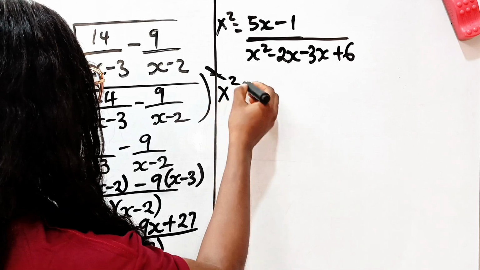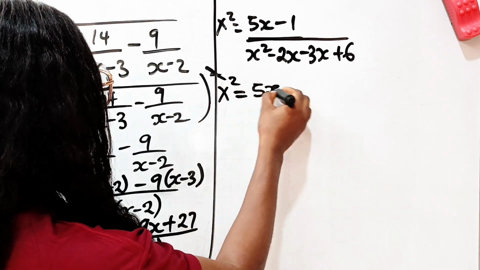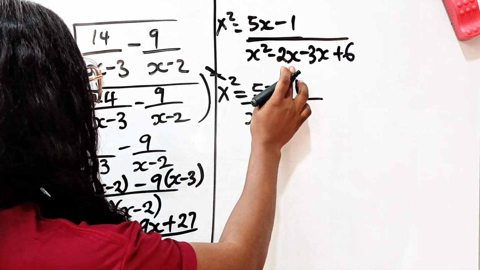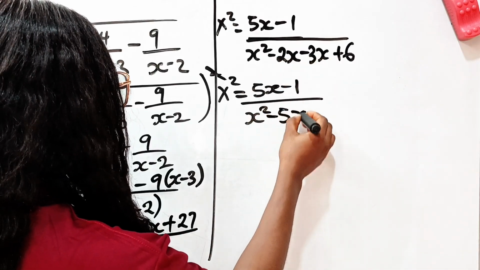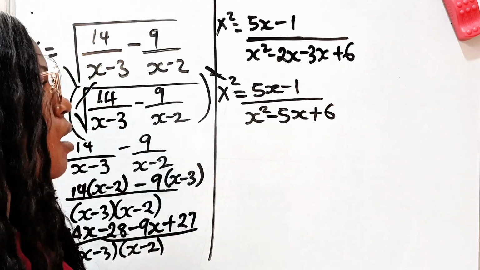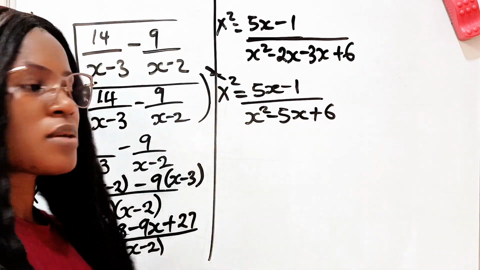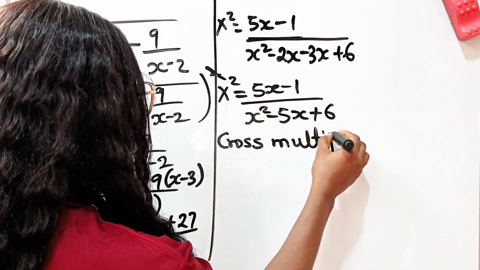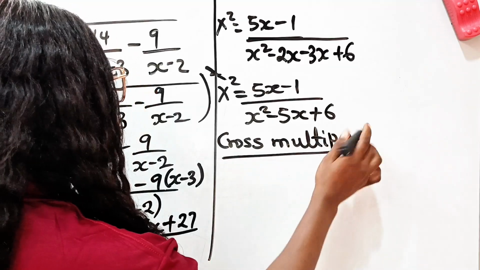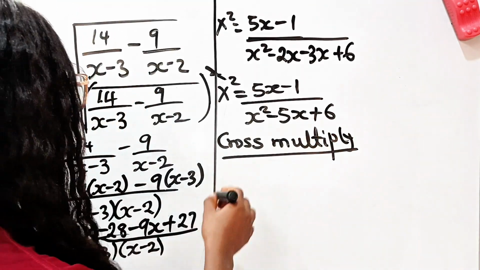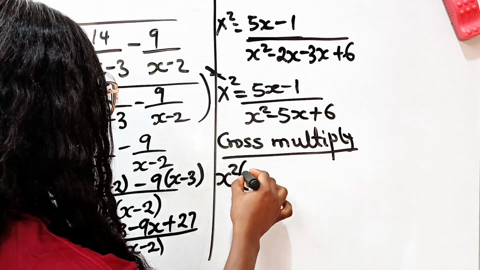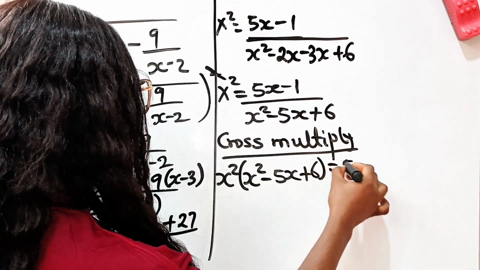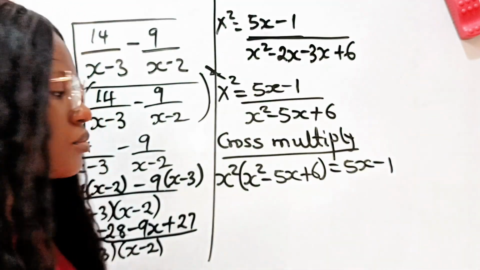So now we have x squared is equal to 5x minus 1 divided by x squared minus 2x minus 3x is minus 5x plus 6. Now it's time to cross multiply. So if we cross multiply, we have x squared bracket x squared minus 5x plus 6 is equal to 5x minus 1.